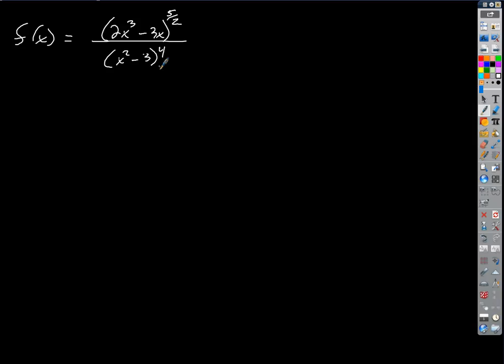Okay, so first of all, is there a way that we could write this so it's not a quotient rule problem? Okay, good. So what would I do? I could, if I wanted to, write this as the quantity 2x cubed minus 3x to the 5 halves times x squared minus 3 to the negative 4, right?